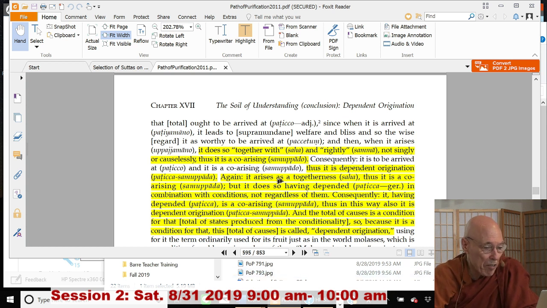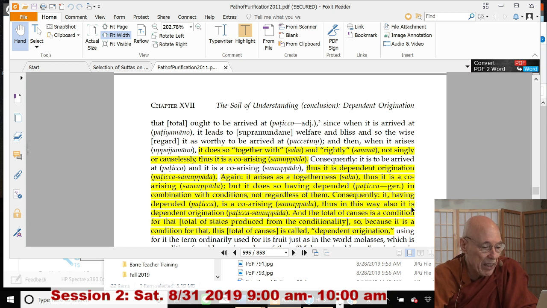Okay, so it arises as a togetherness, thus it is a co-arising. That's the samuppada, but it does so having depended in combination with conditions, not regardless of them. Consequently, it having depended is a co-arising.